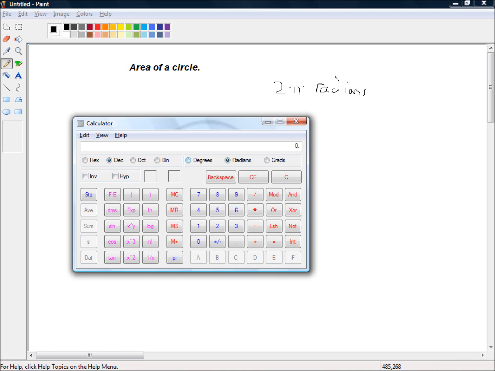Now if I'm working in degrees and I want to find the sine of, say, 1 degree, note it actually says 0.017, so the sine of 1 degree is nothing like 1. But if I work in radians, the sine of 1 radian is 0.84, which is not too far away from 1.